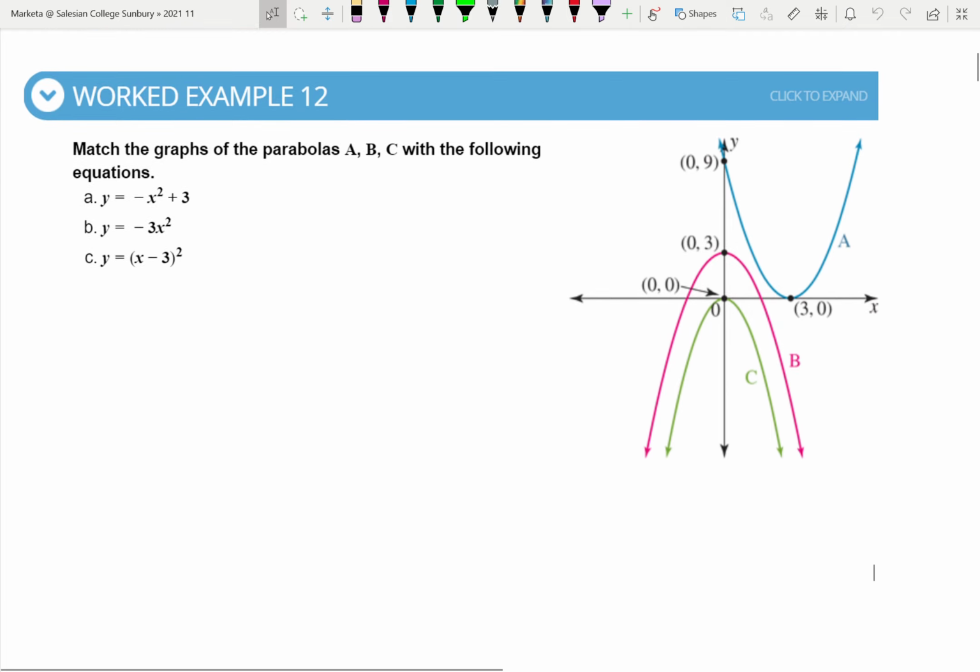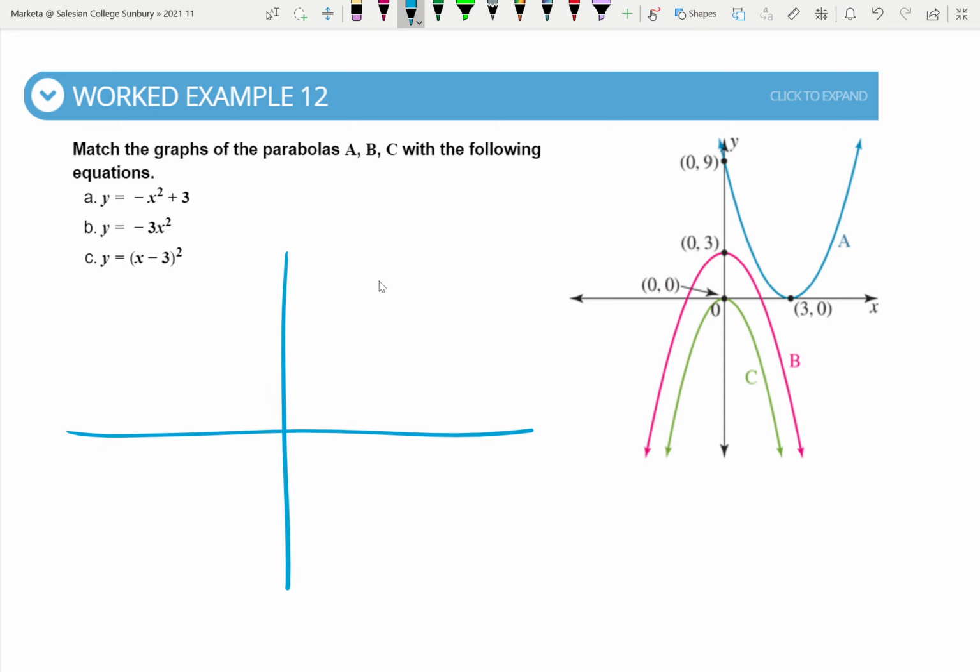They've got three equations and three graphs, the blue, the green and the pink one. I'll start with the blue graph here, and what I see is that from the parent graph, the original, y equals x squared, it's moved over.